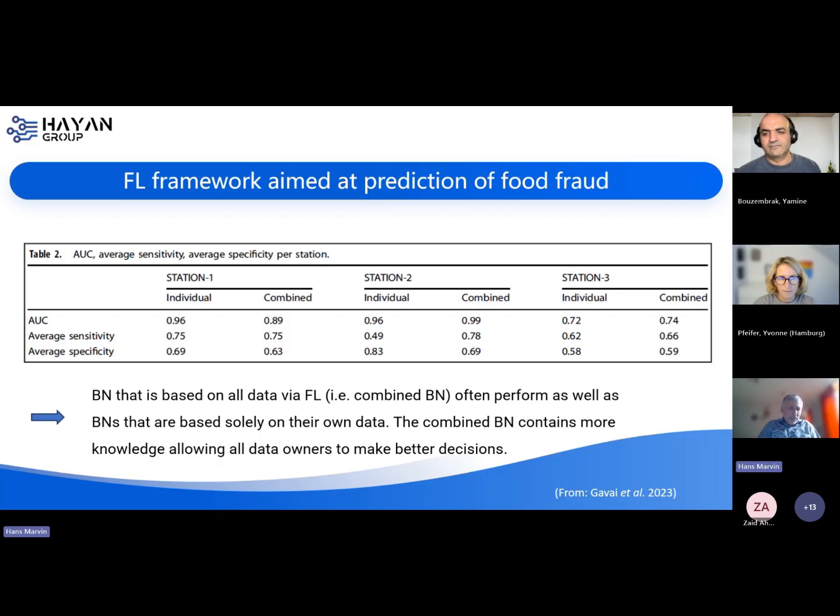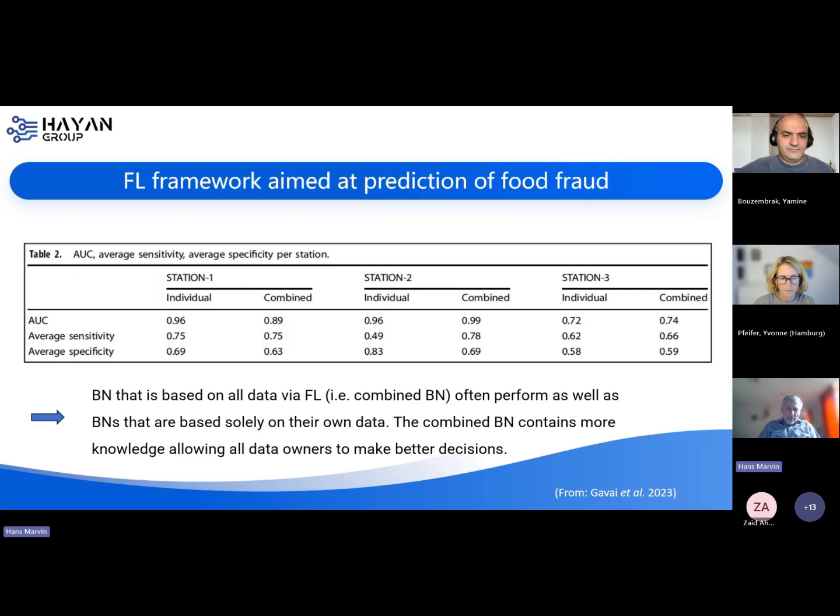The individual one is the performance of the Bayesian network developed with the data of its own, and the other one is the combined Bayesian network. Roughly, you can see that the outcome of the Bayesian network via further learning often performs similarly, sometimes a little bit better, sometimes a little bit lower, but the prediction performance is good.